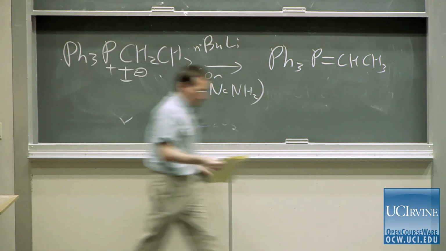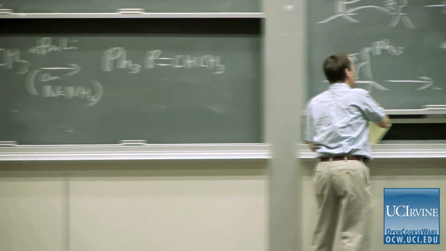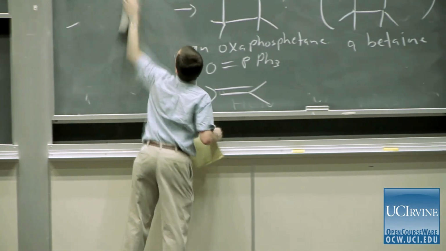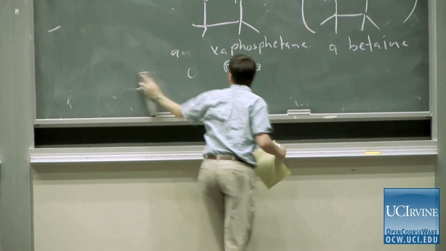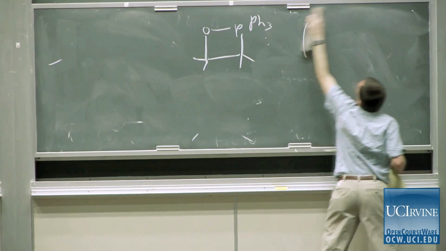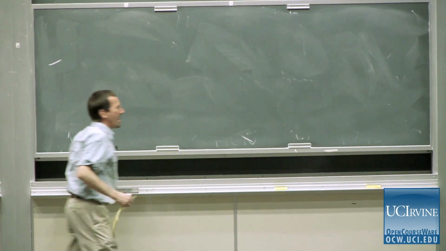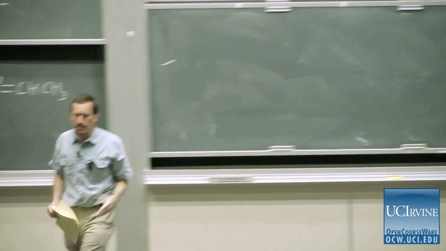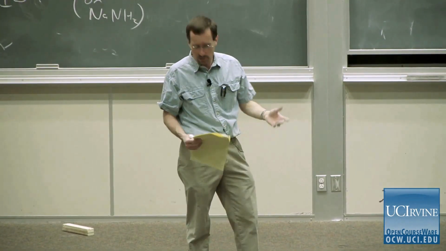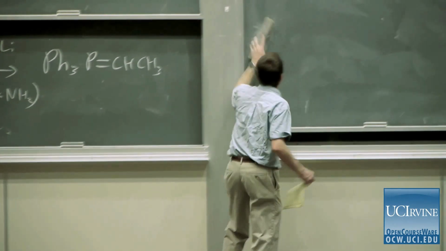I want to close by talking a little bit about selectivity and why the Wittig reaction is so powerful. I want to offer a comparison to the elimination reactions that you've learned about, the E1 and E2 elimination reactions. And we'll just look at an E1 example.